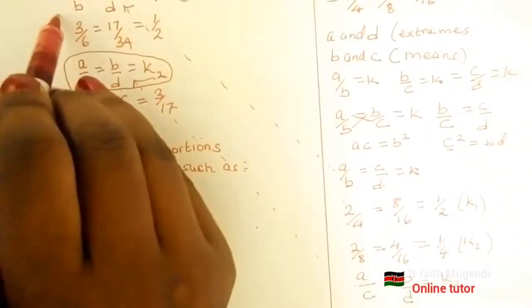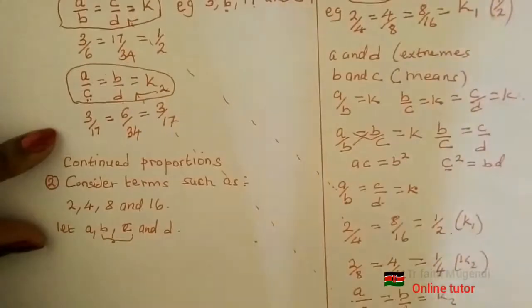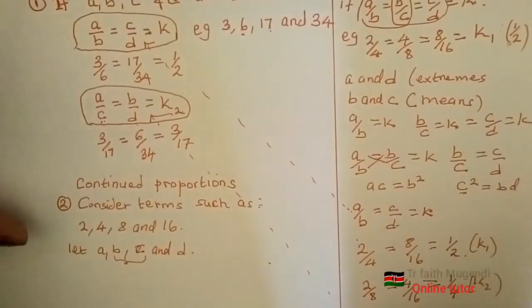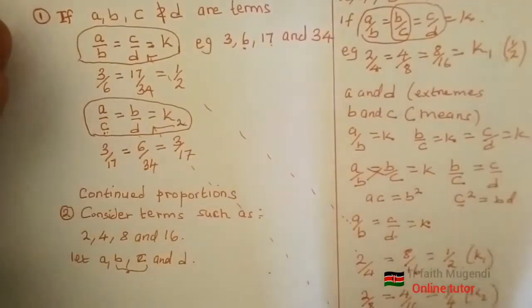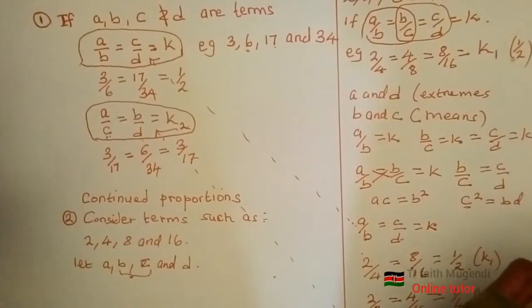So these concepts or these principles are the ones that you need to master when it comes to compound and continued proportions, I beg your pardon, in all the problems that you encounter concerning compound proportions.